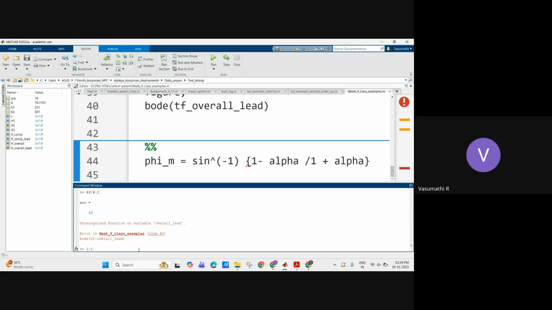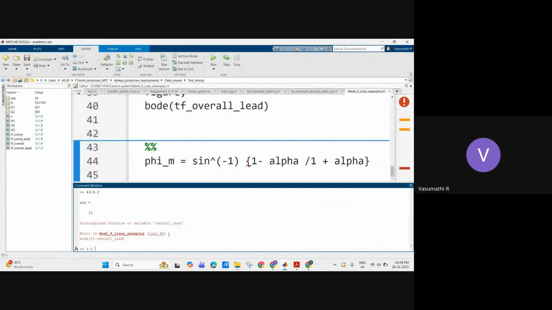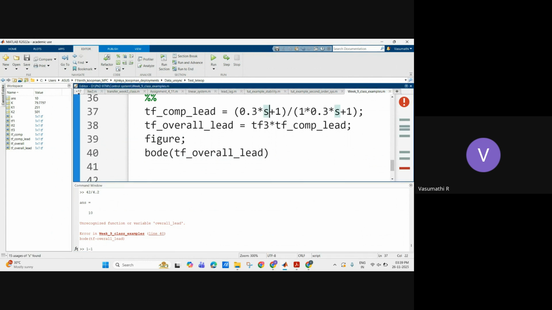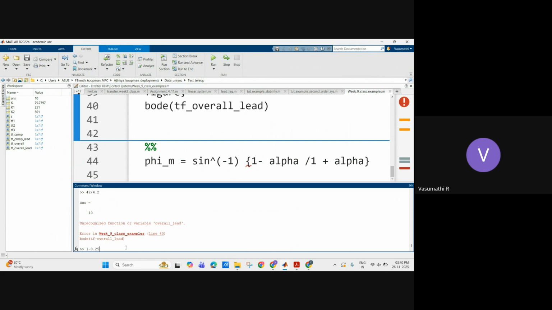If it is 1, I don't think this is correct. Okay, actually, this is a typo. This is not 1. It's supposed to be 0.25. Alpha 1 means sine inverse of 0, everything is 0, we cannot get anything out of it. So alpha we will consider as 0.25. Then it is (1 minus 0.25) divided by (1 plus 0.25), which is 0.6.